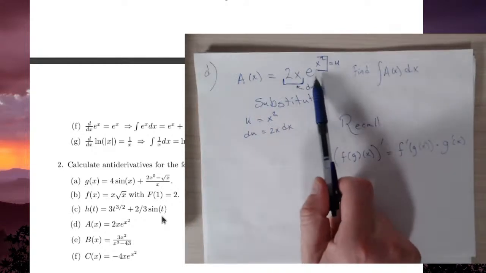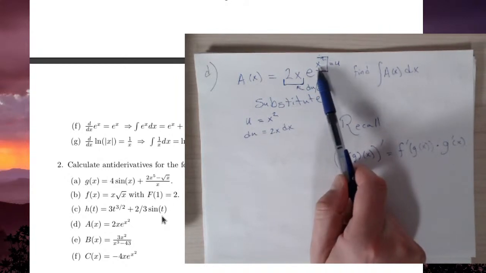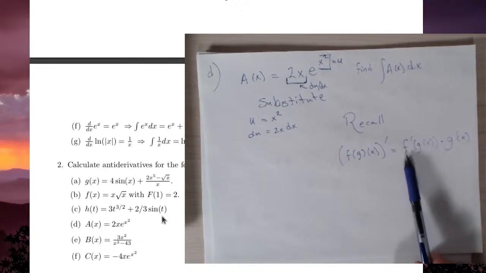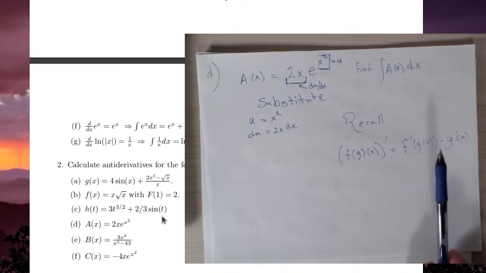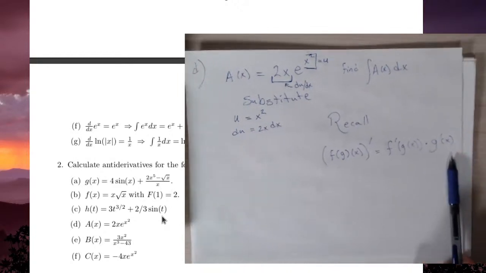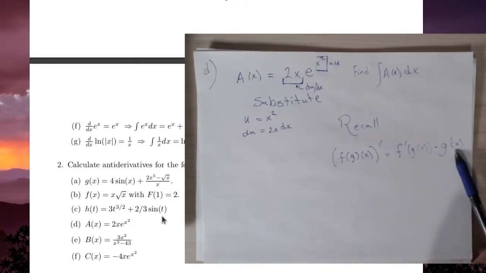Notice here our outside function is e to the x, and our inside function is x squared. We get the derivative of the outside function, e to the x, which is its own derivative, evaluated at the inside function, x squared, times the derivative of the inside function, which is the 2x.